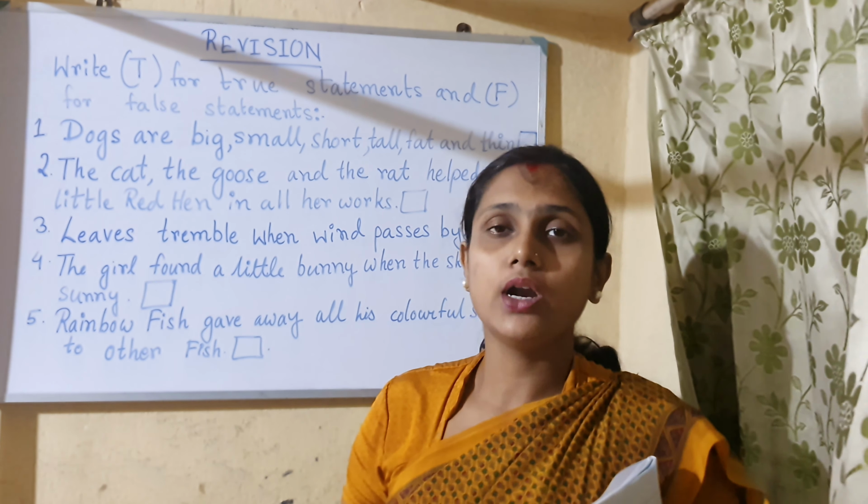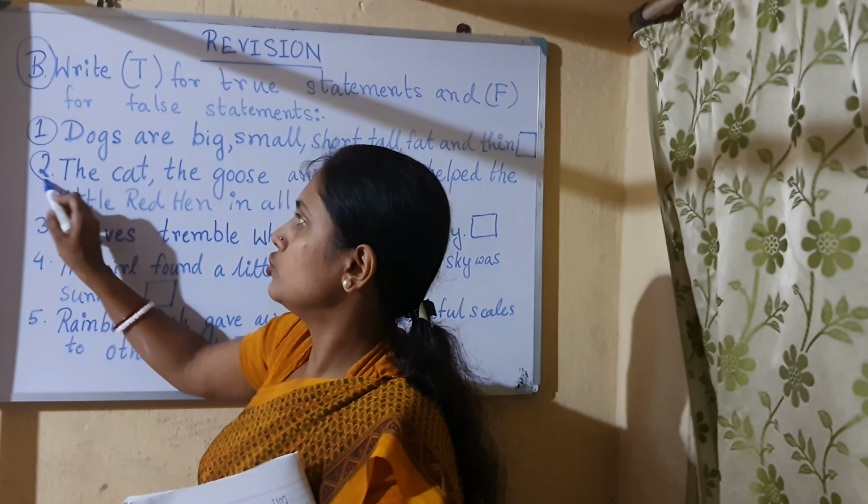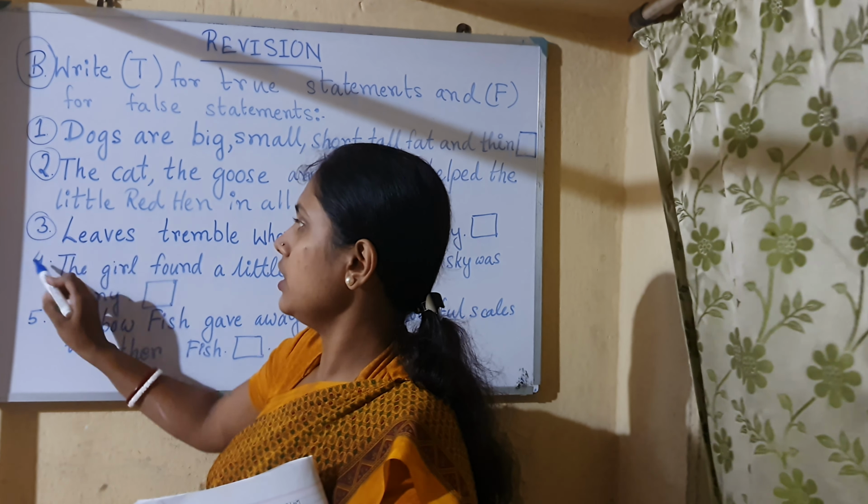For example, if this true and false is under exercise B, then you have to write B, under that give question number 1, 2, 3, 4, 5 and write only the answer. No need of copying the question.